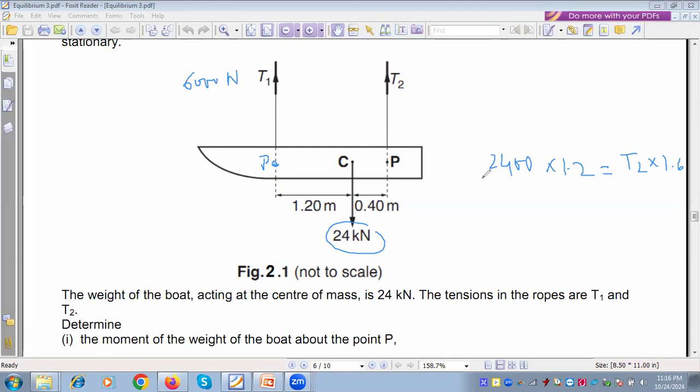So 2400 into 1.2 is 2880, and taking T2 in the denominator, divided by 1.6, that is 1800. So T2 is 1800 Newton. And let us solve it by the other method.